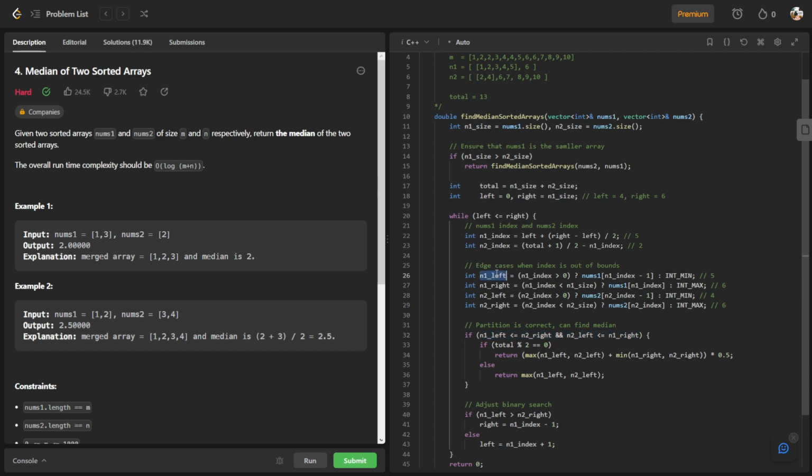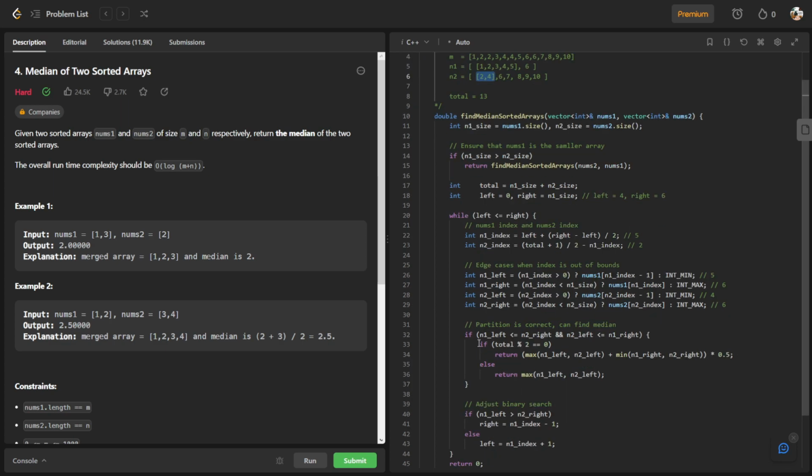So is n1 left lesser than n2 right? Is 5 lesser than 6? Yes, it is, right? And is n2 left lesser than or equal to n1 right? So n2 left is 4, lesser than right. Okay, so in this case it is. That means we have correctly partitioned our left side and right side.